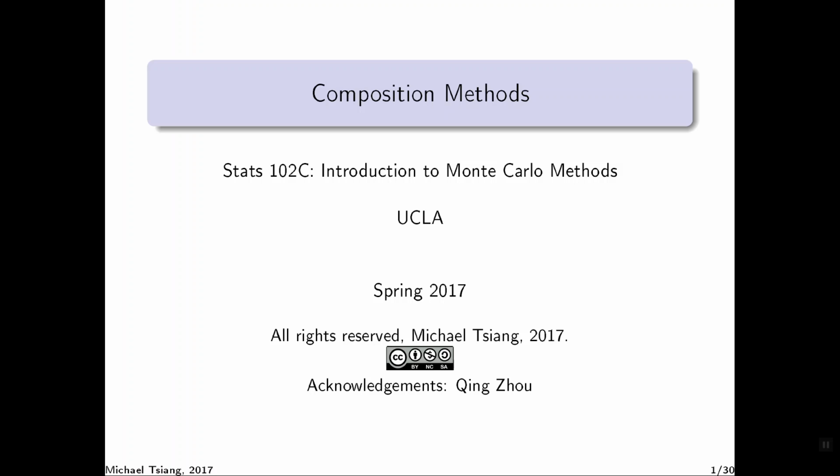For example, the normal distribution, there's no closed form solution for the CDF. And so what can we do? We saw rejection sampling. Okay, so rejection sampling is another method that we can use to generate random values from another distribution. And today we'll take a look at composition methods.